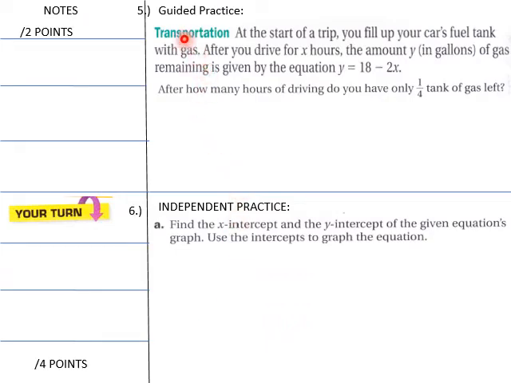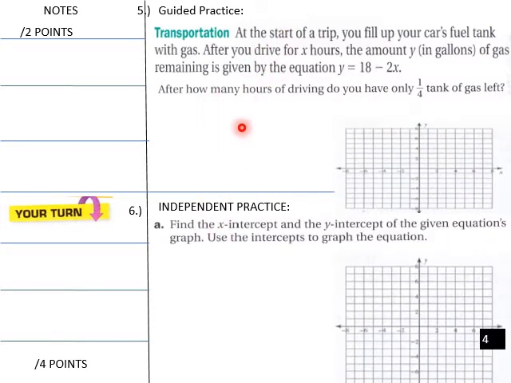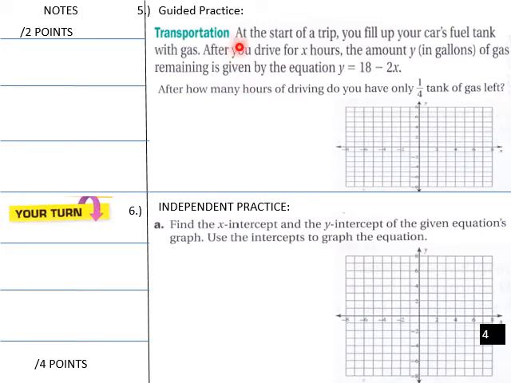So let's try an actual problem now. Our guided practice. This is for you, students. Pay attention up here so you can do your independent practice. Transportation: at the start of a trip, you will fill up your car's fuel tank with gas. After you drive for x hours, the amount y in gallons of gas remaining is given by the equation y equals 18 minus 2x.